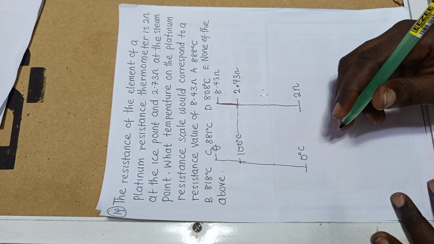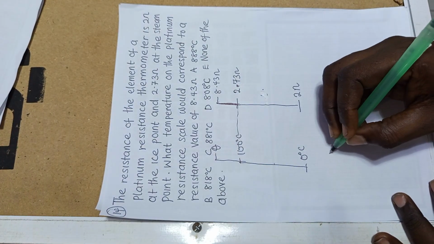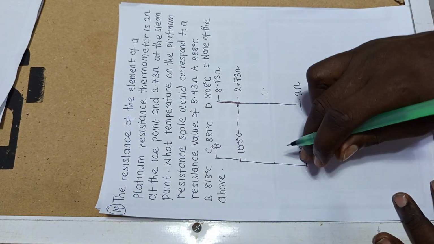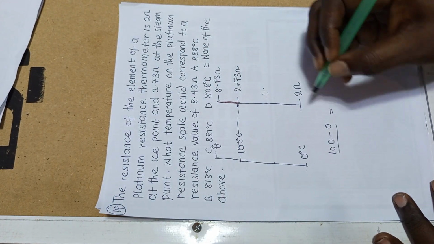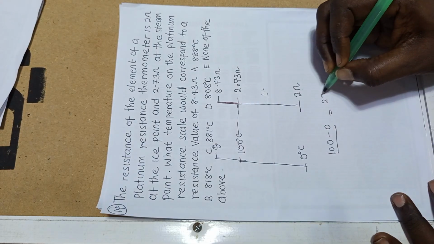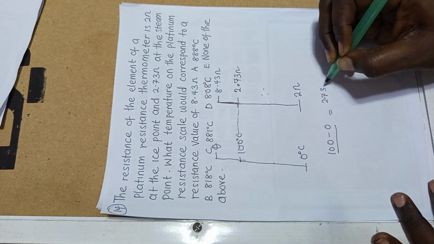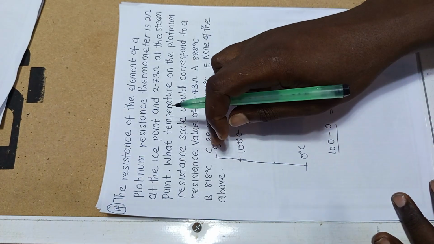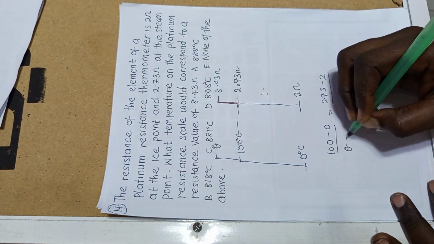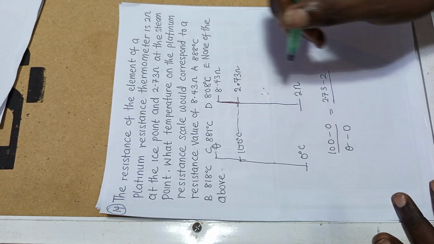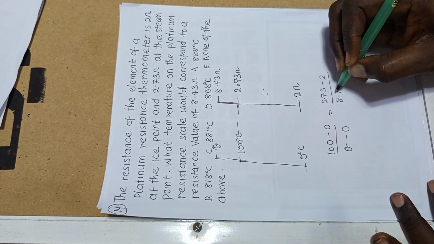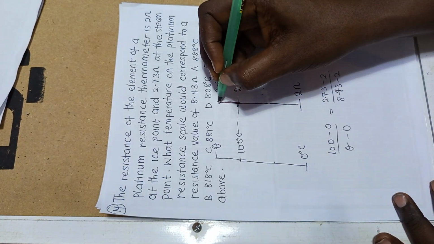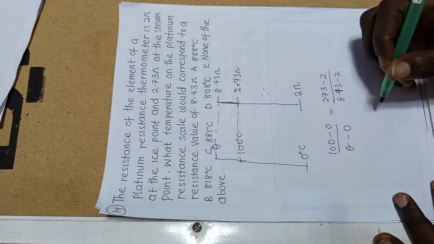What we are going to do is 100 minus 0, this minus this, equals 2.73 minus 2 over theta minus 0, then 8.43 minus 2, and this minus this. So theta is what we are looking for now.